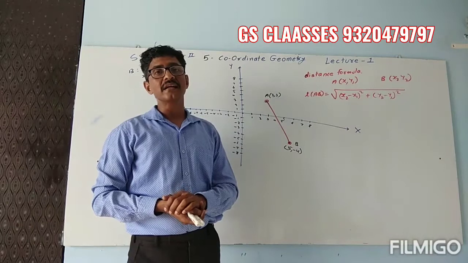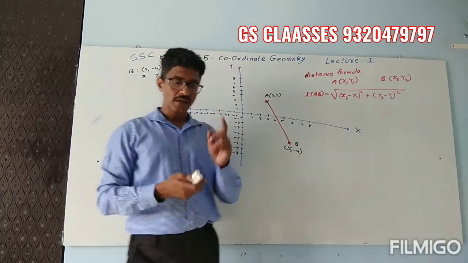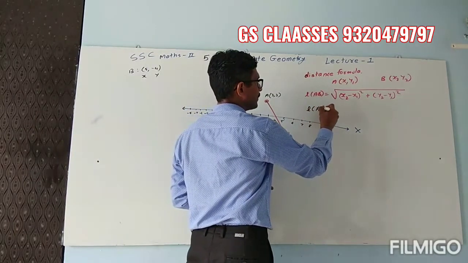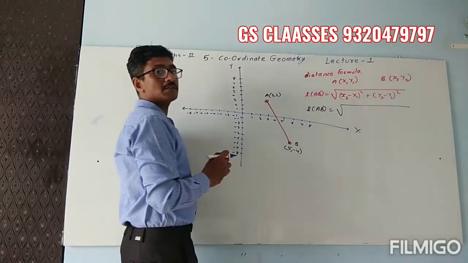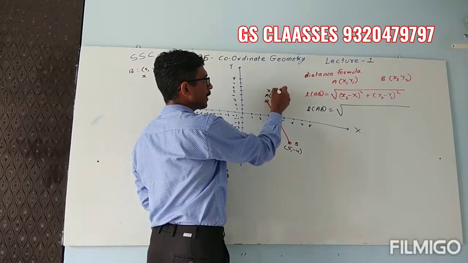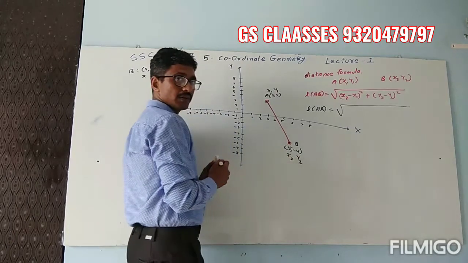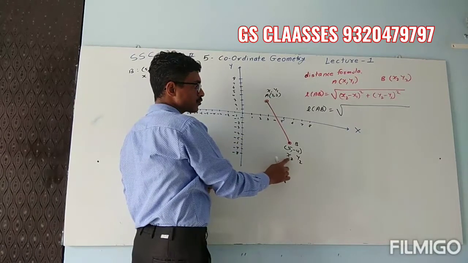Now children, let's solve the question by using this formula. While calculating length AB, I will just substitute the respective values. Consider this value as x1, y1 and this value as x2, y2.